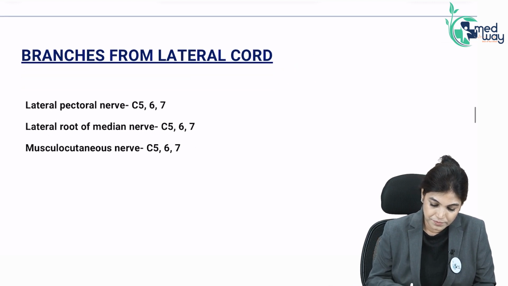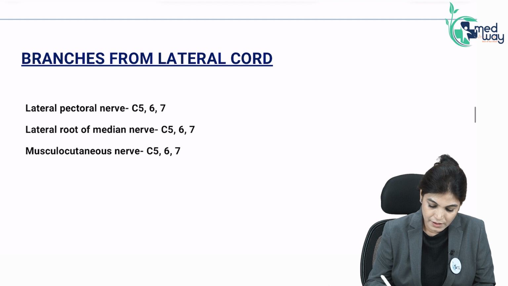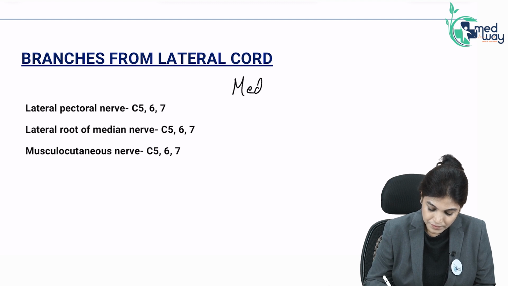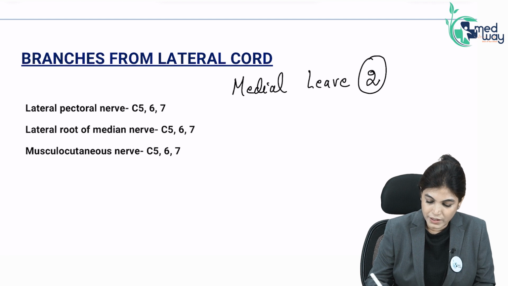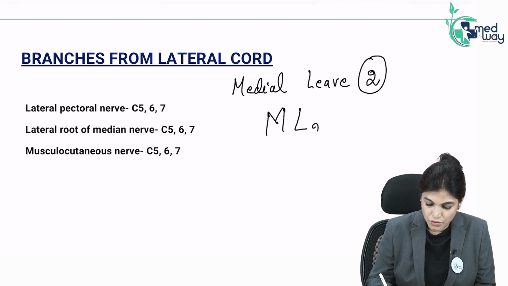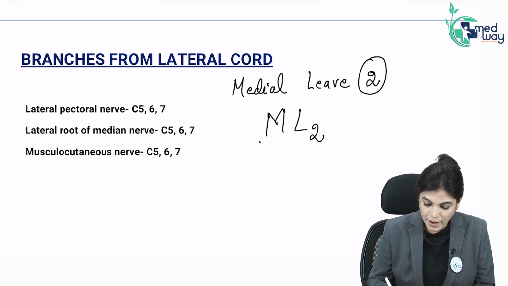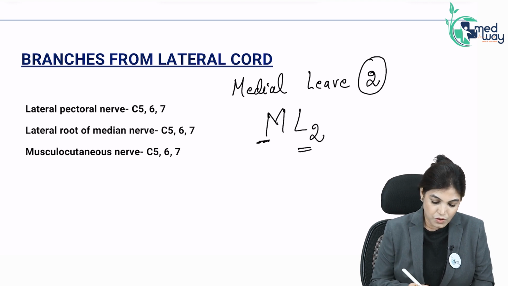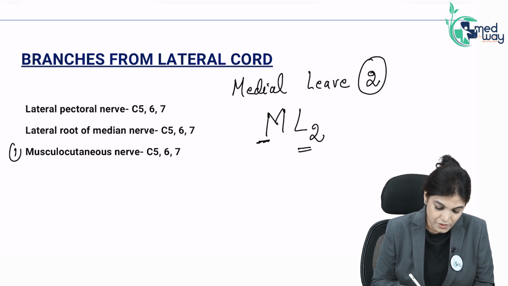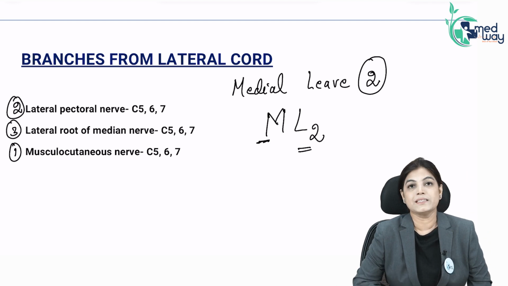So, the branches of the lateral cord can be memorized by the mnemonic medical leave 2. Please write down medical leave 2. In short, it is ML2. That means one branch name is from M and the other 2 branches are from L. So we have musculocutaneous nerve, lateral pectoral nerve and the lateral root of median nerve.